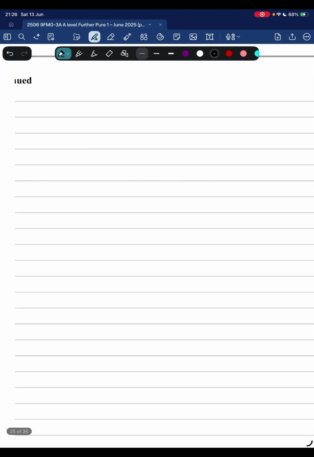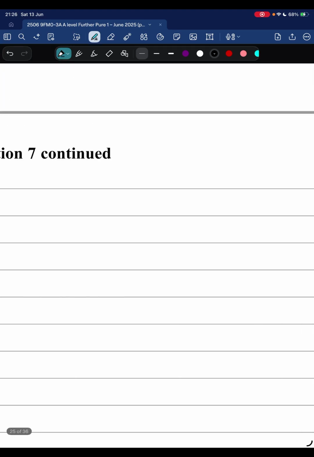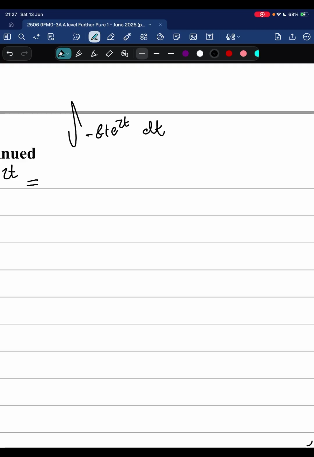Now for this, we do integration by parts. So our u is going to be t, and our dv is minus 8 e to the minus 2t, as per LIATE.